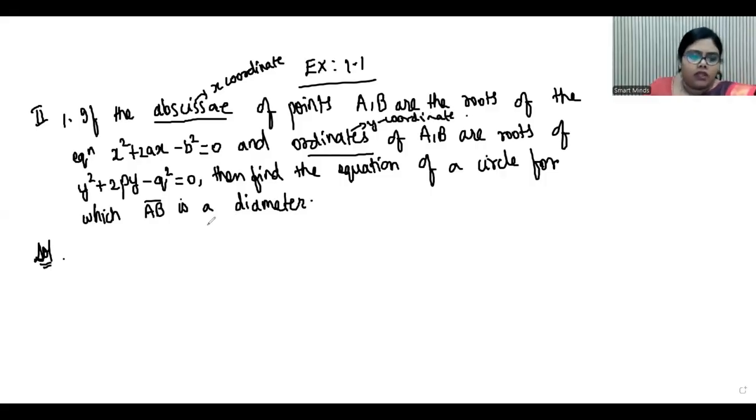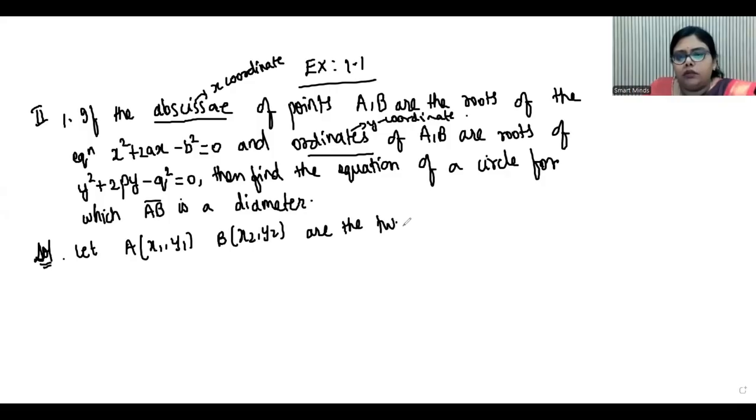So here let us take A (x1, y1) and B (x2, y2) as the two given points.